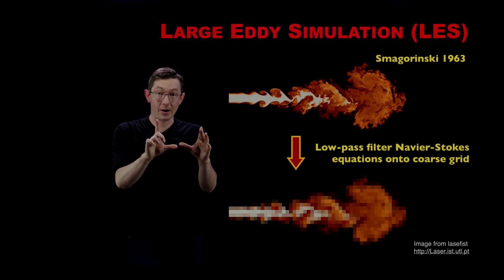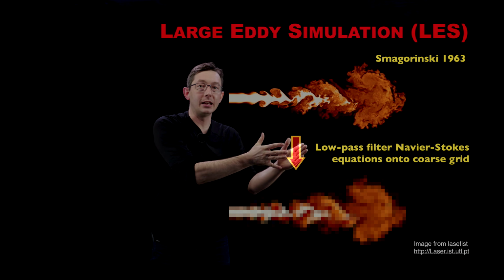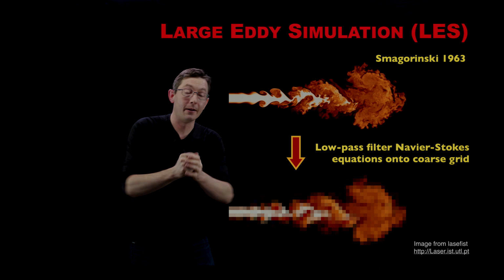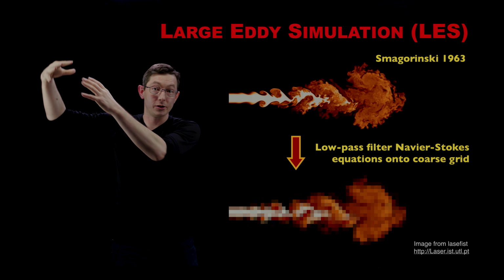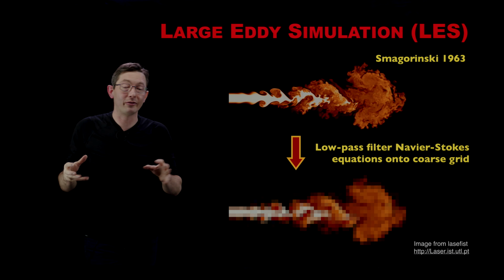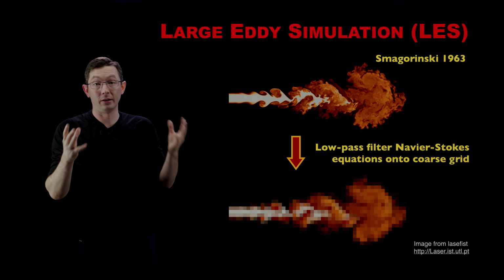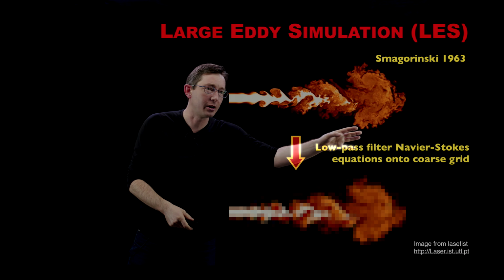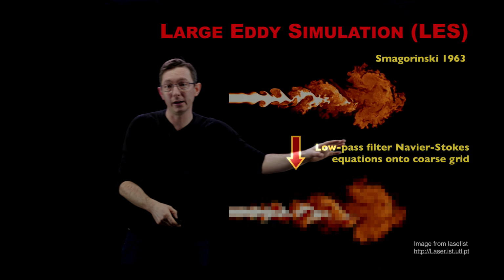That would be a coarse model. Every 10 or 20 years we're able to refine that model and get finer and finer resolution because, again, Moore's law and our supercomputers are getting bigger and bigger. But it's still going to be a long time before we can actually resolve all of the scales that matter. So we low-pass filter our Navier Stokes equations onto the coarse grid.